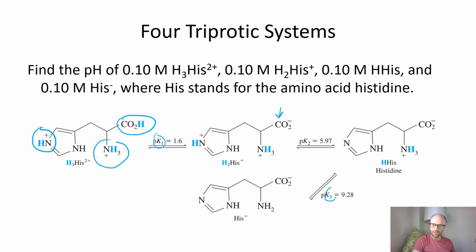K3 here corresponds to losing the amine part. And then PK2, with this PK2 of 6, corresponds to going from this NH+ to just an N. So this amino acid should be fairly similar to what you've seen in other amino acids, where K1, the acid K, is close to 10 to the minus second, and the amine K is close to 10 to the minus ninth.